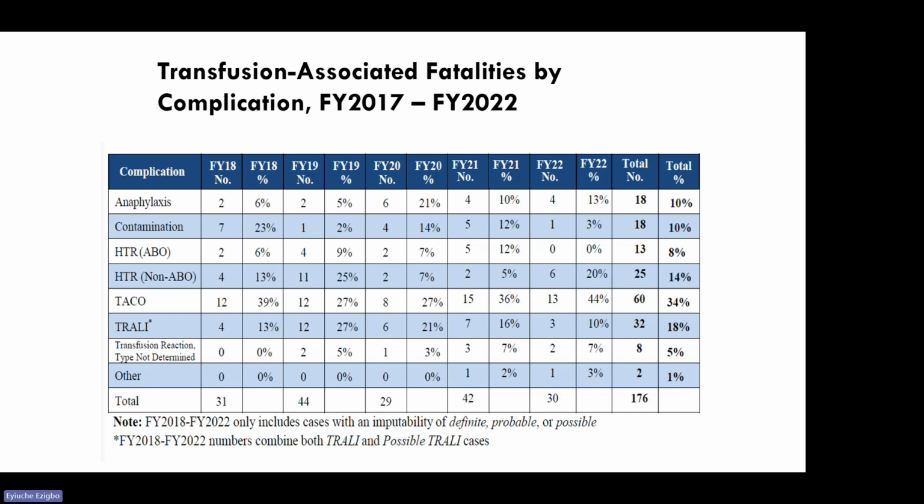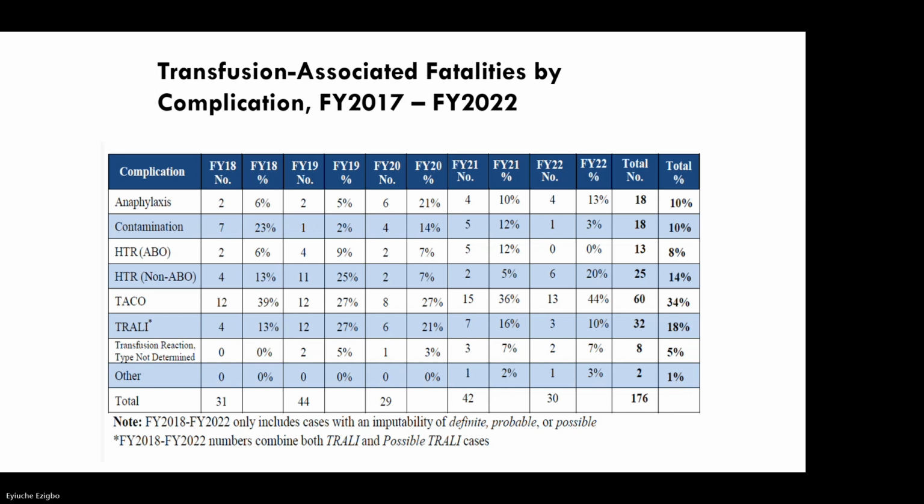So the highest cause of complications due to transfusion, as at 2022 fiscal year, is TACO, followed by HTR due to non-ABO blood group, and then anaphylaxis.